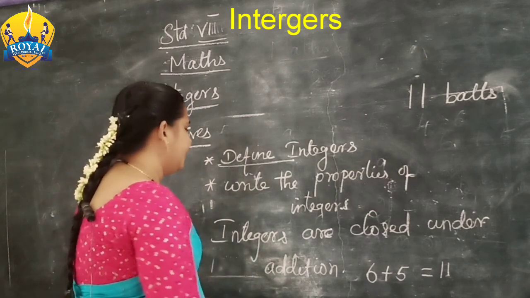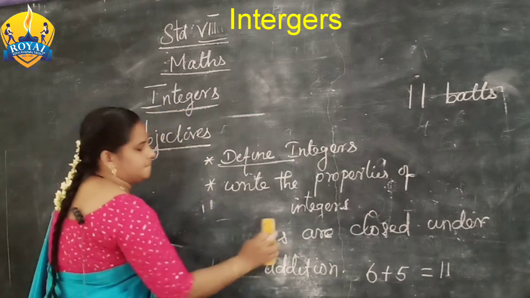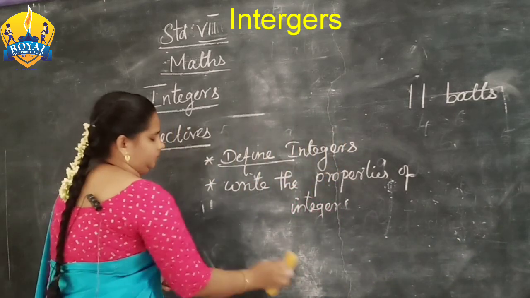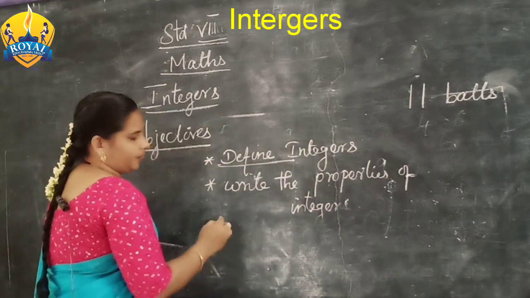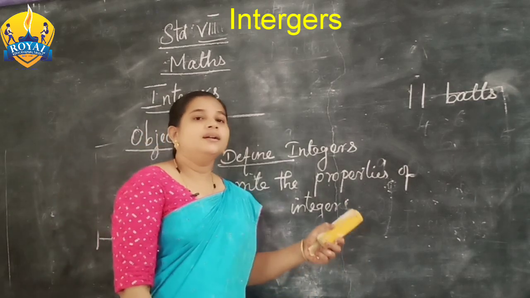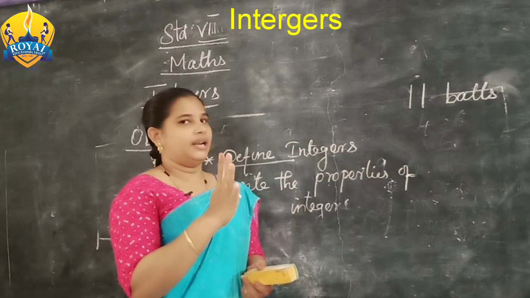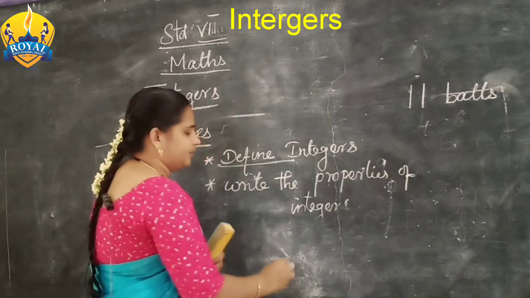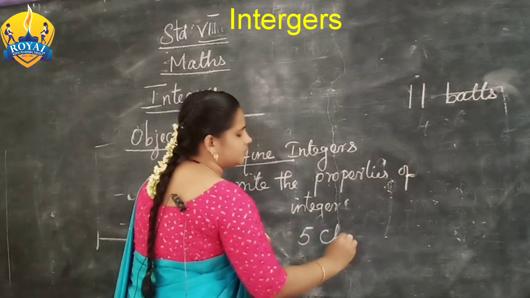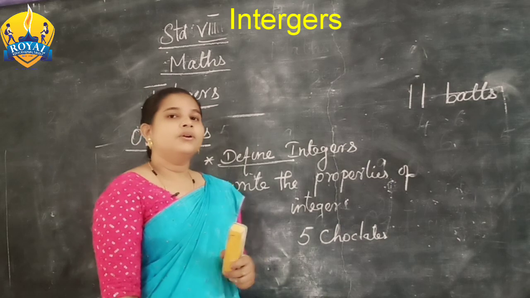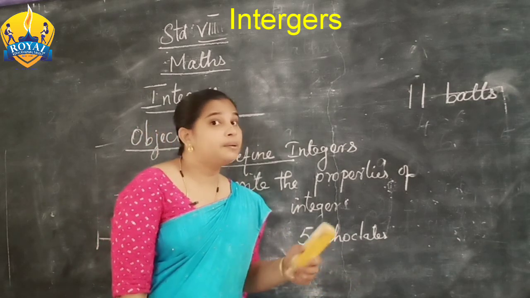Next, another example. Rekha has 5 chocolates. She gives 3 chocolates to her brother.